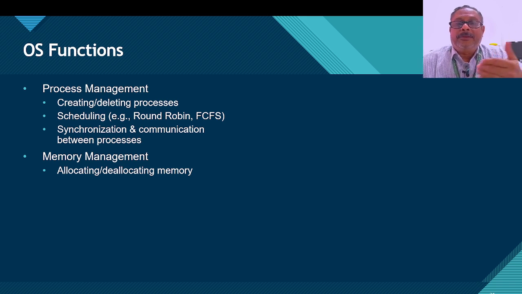Under process management also memory allocation is done, but it just tells how much memory is required for the code, how much memory is required for the variables, how much memory for the stack and all that. It doesn't care where the memory is available, but the memory management is the one which verifies the availability of the memory and then allocates the memory for the various components. And this is taken care of by the memory management component of the operating system.